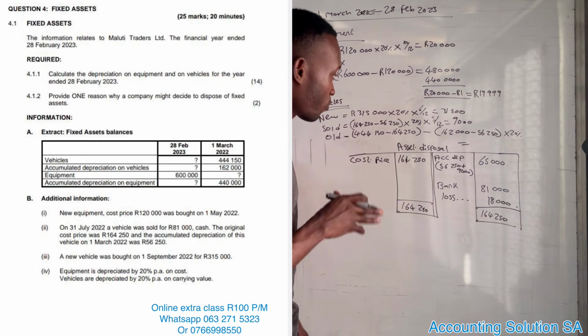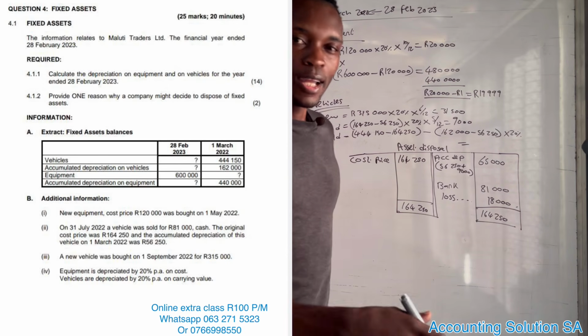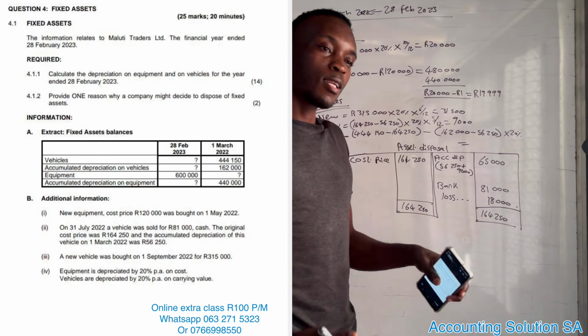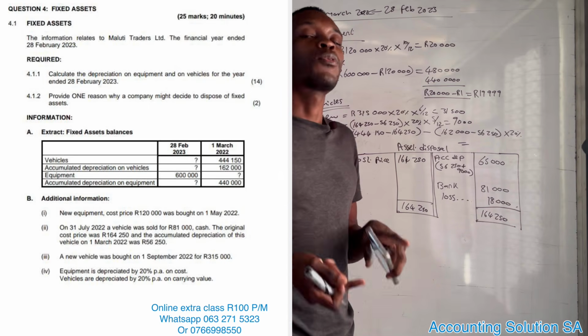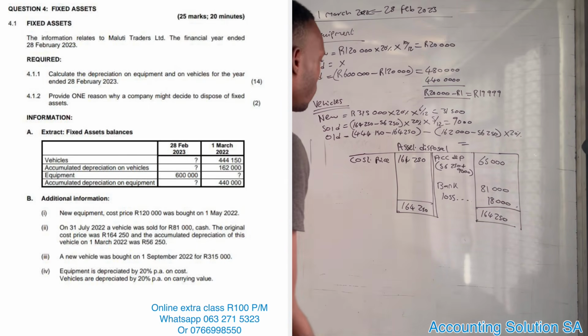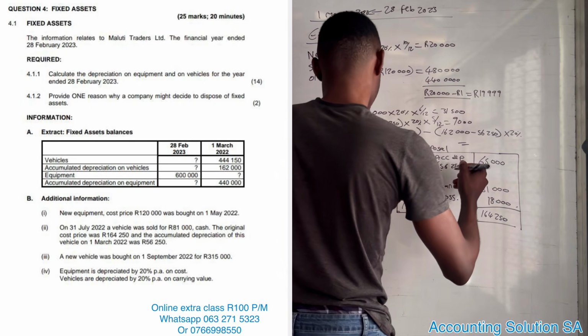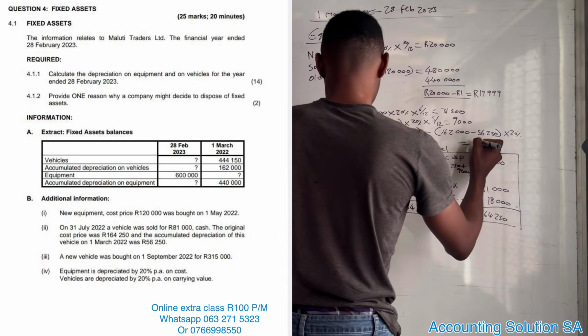Make sure that you calculate step by step, and don't trust any calculator that you are using. It should be either a Casio or Sharp. Those other ones, guys, you will scam yourself one day. Don't try to buy a cheap calculator, guys. It's going to cost you a lot.